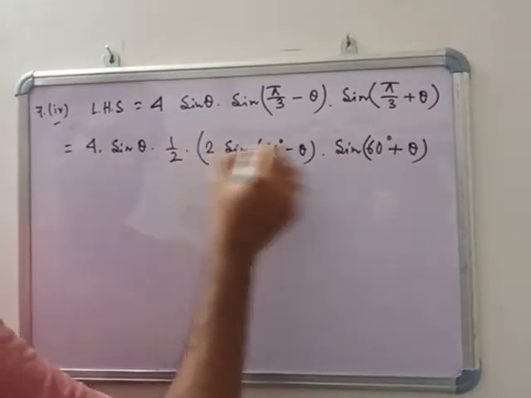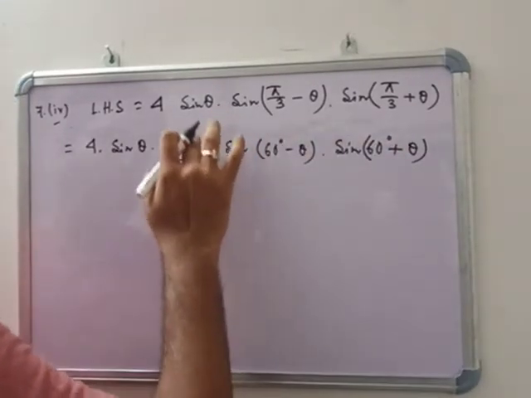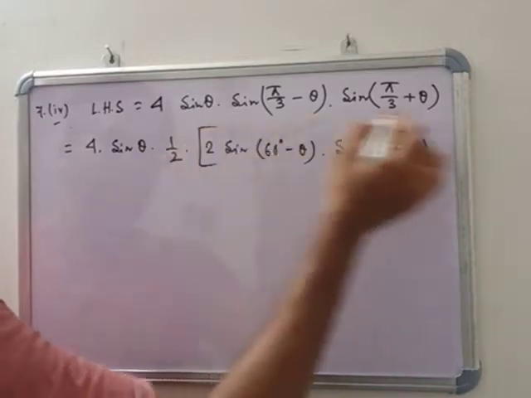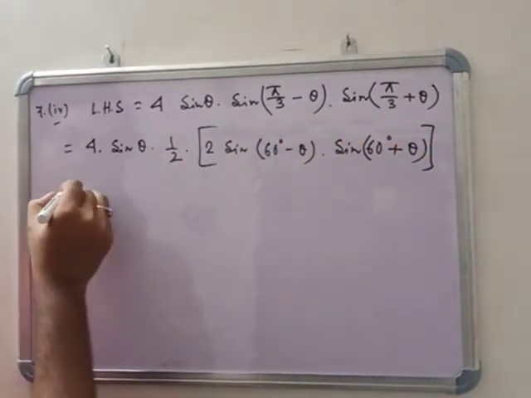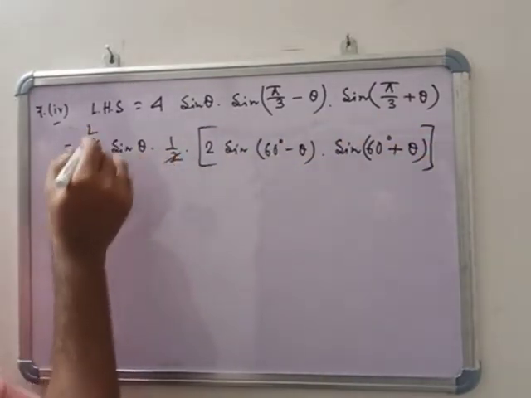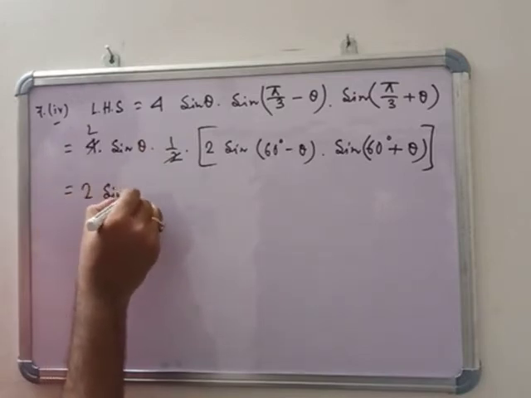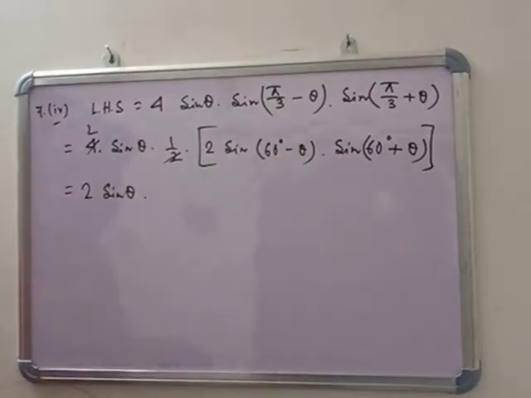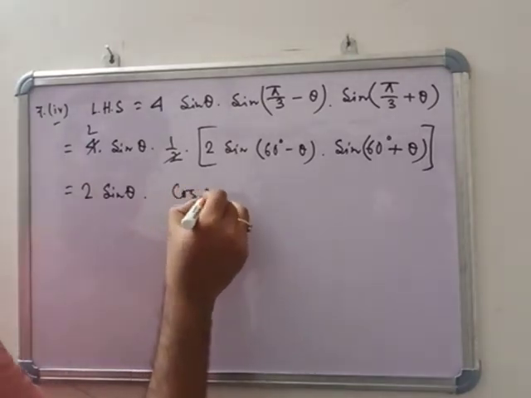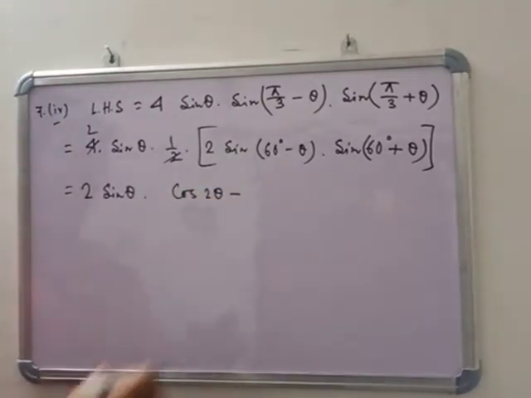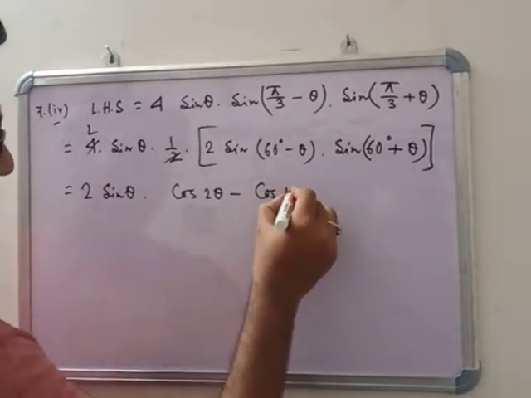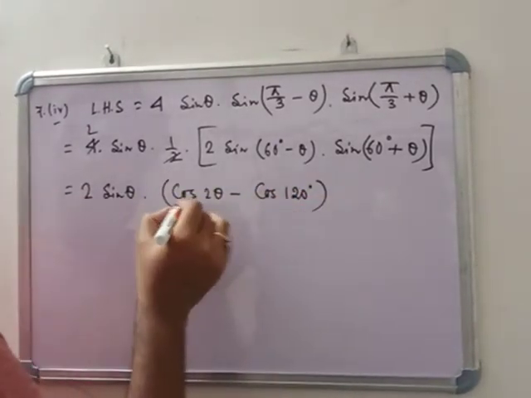Okay. So that means 2 sine theta into this part, cos 2 theta minus cos 120 degree. Okay.